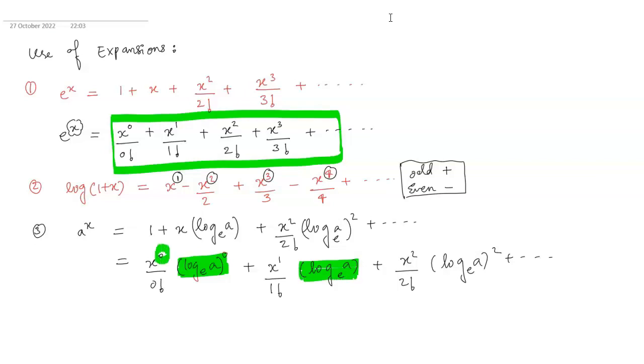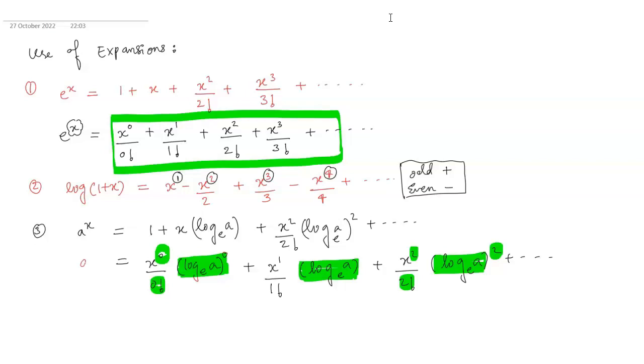So whatever power is here, same factorial you have to take in the denominator and same power on the log a term also. Here if it is x square, we have written 2 factorial and same power is here also on the log a term. So और कुछ नहीं है, simply e to the power x वाले एक्सप्रेशन में हर एक टर्म के साथ log a का टर्म आ गया है.